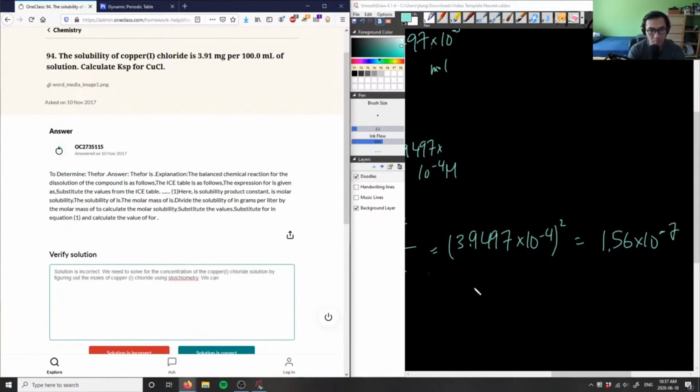Then we're able to figure out the concentration of copper and chlorine in solution, related to the concentration of copper chloride.